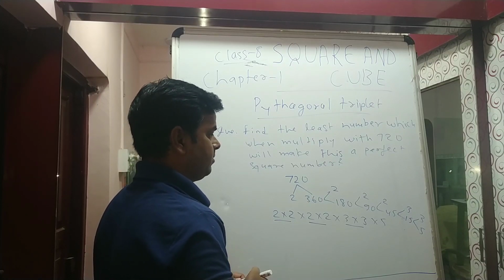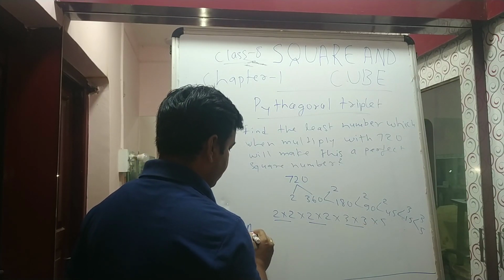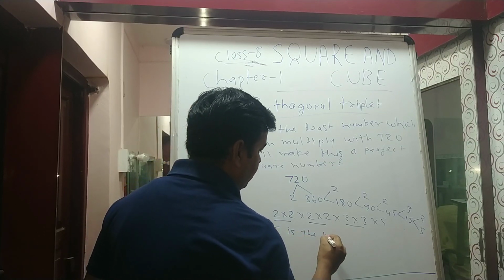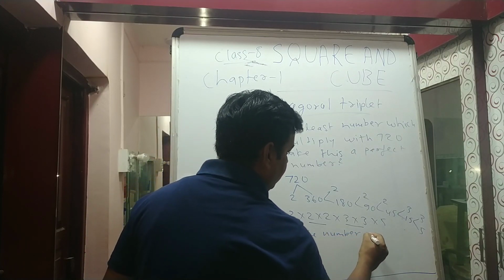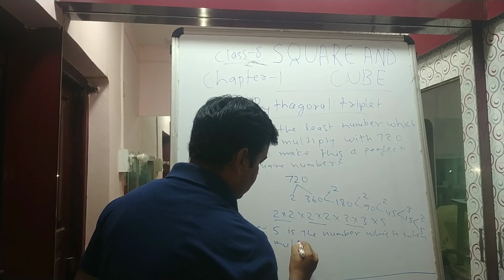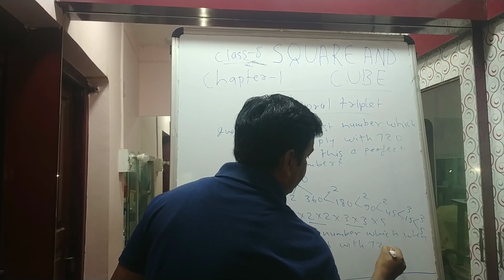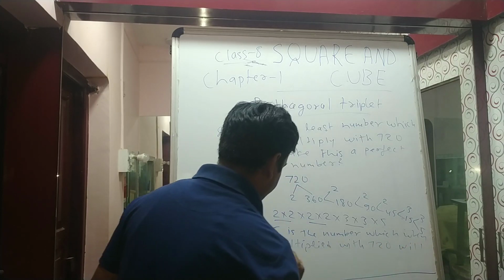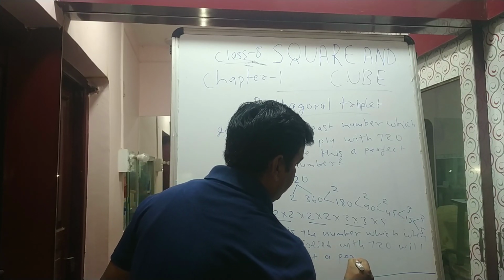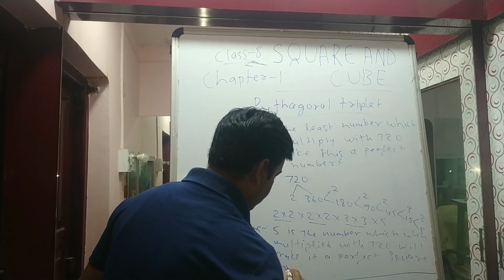So our answer for this one will be 5 is the number which when multiplied with 720 will make it a perfect square number.